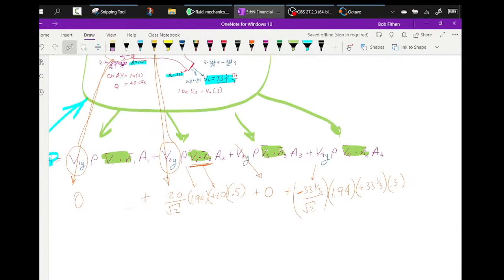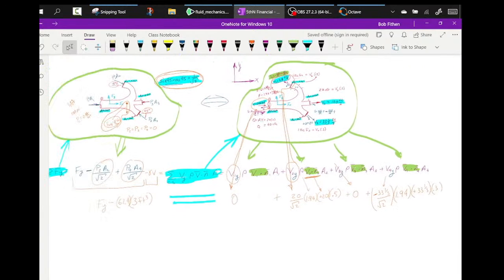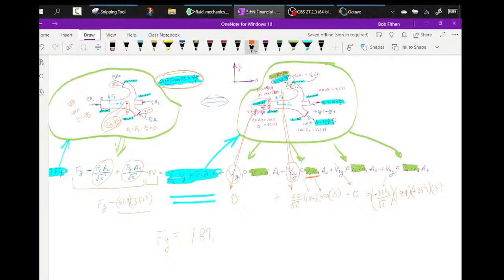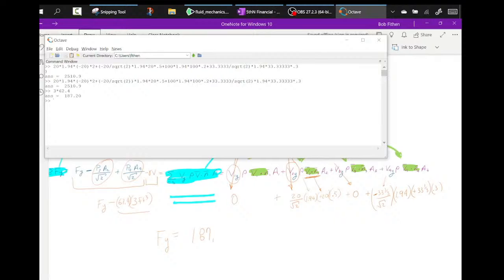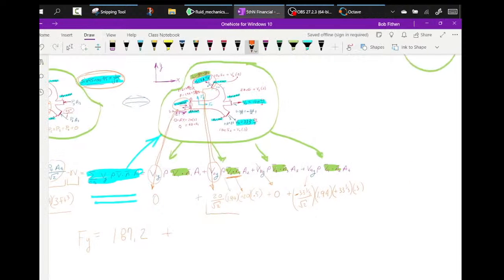Okay. That's it. A lot less to calculate. I'll say Fy equal to, move this over, 3 times 62.4, 187.2 plus, now I've got to figure out this number and then this number, and I'm going to figure these out separately.